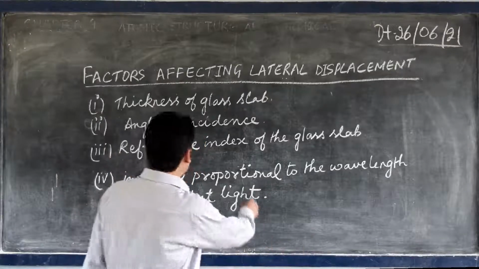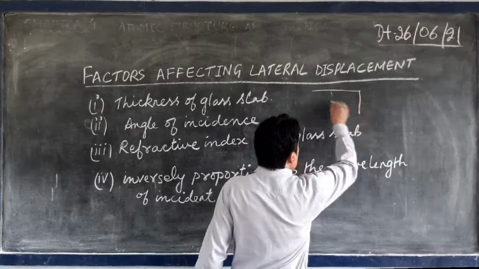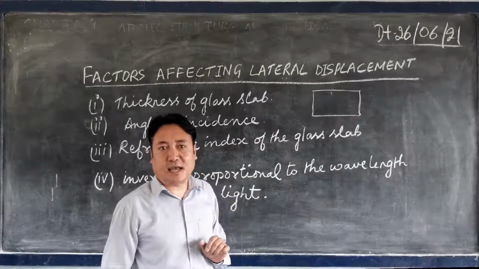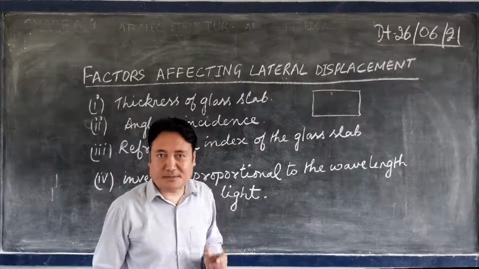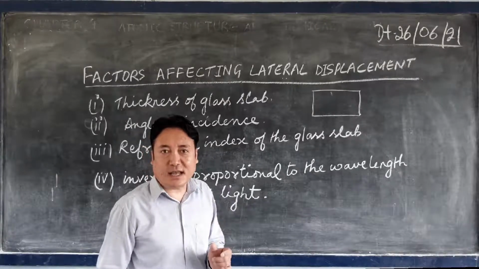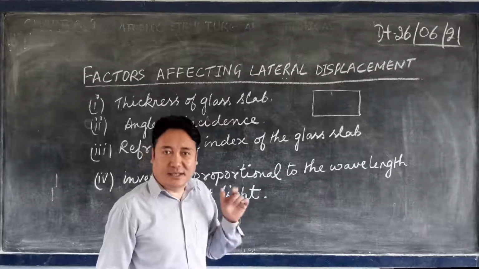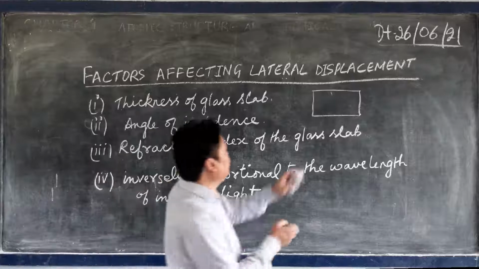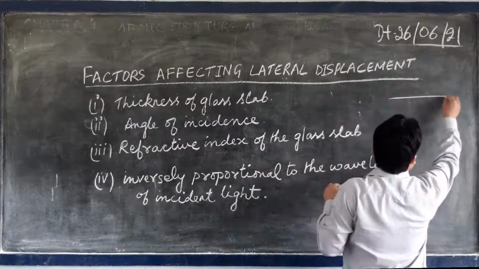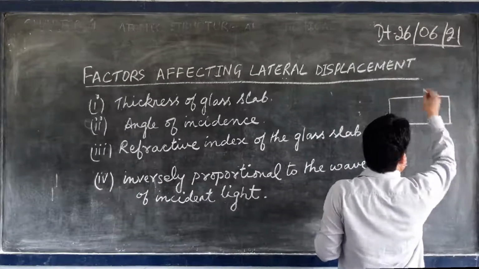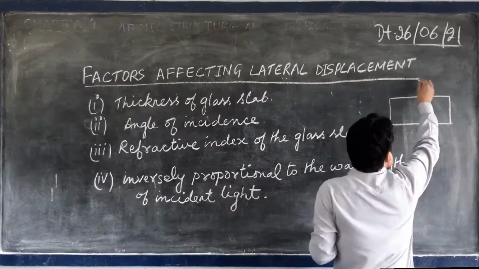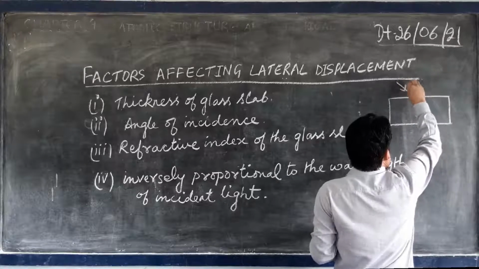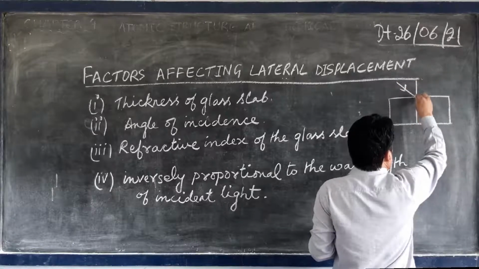Let us consider this is the glass slab. The more the thickness of the glass slab, the more will be the lateral displacement. How it happens: consider a glass slab whose thickness is more. This is the normal, this is the incident ray, and this is the refracted ray.